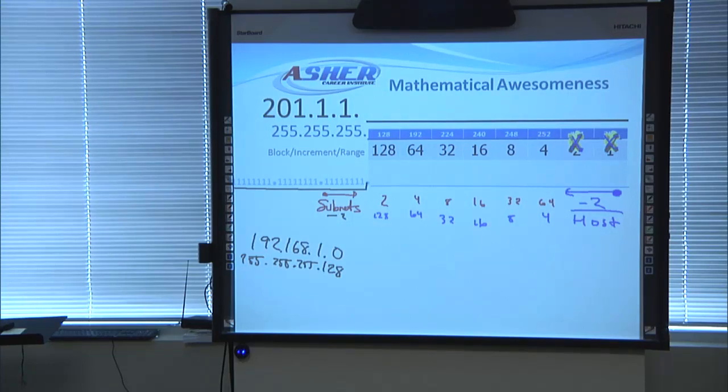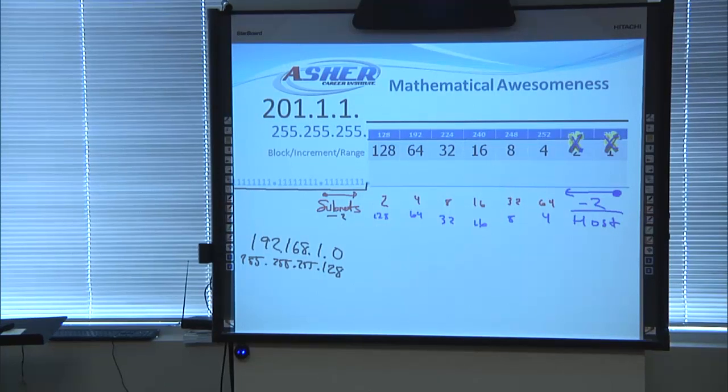Block. And then what's on top of that? The subnet mask. No, it starts with 128, 192, 224.